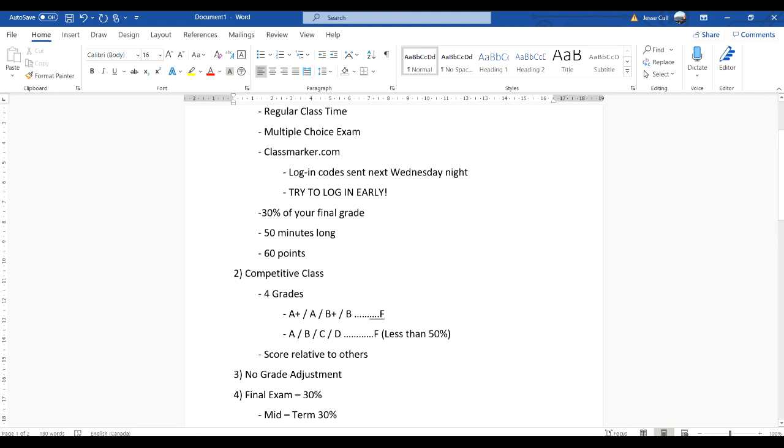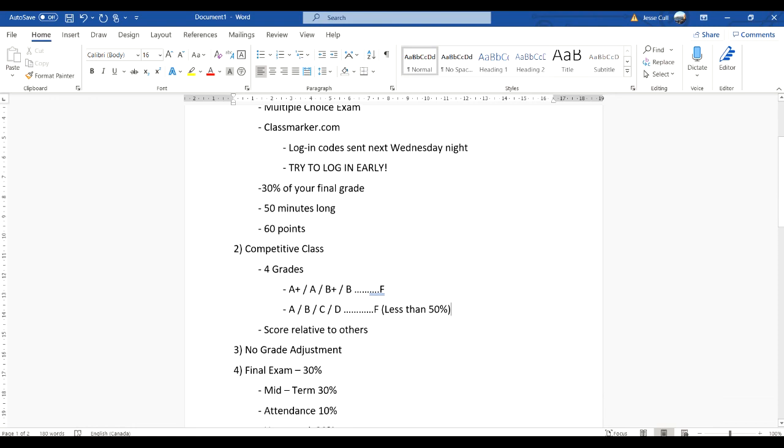For the grades A plus, A, B plus, B, your score is relative to others. If 7 people receive an A and only 7 A's are available in that class, you will receive a B if you are the 8th ranked person. I do not adjust grades unless you have a problem.